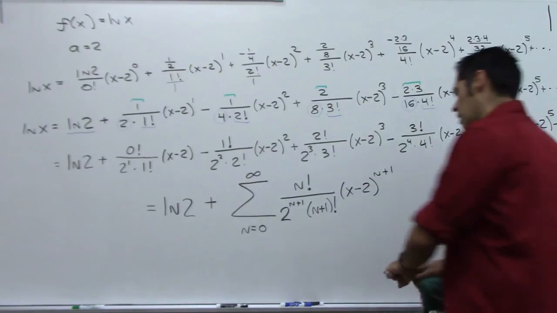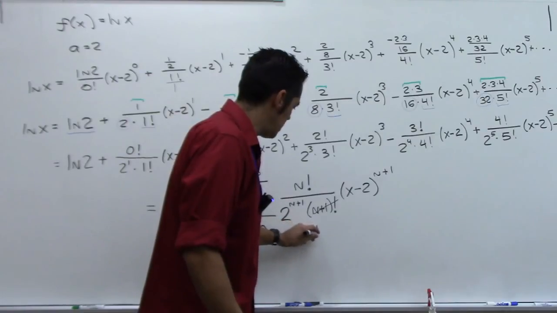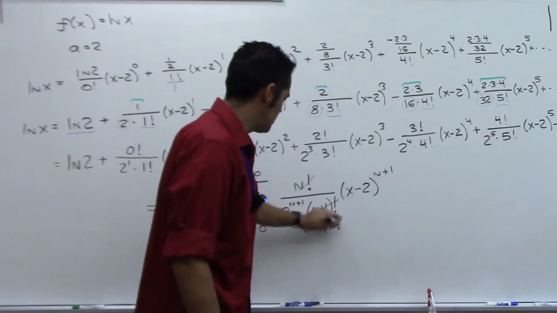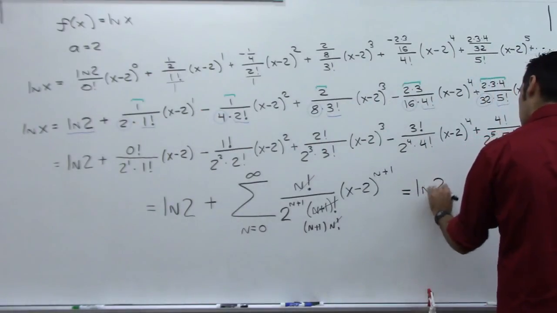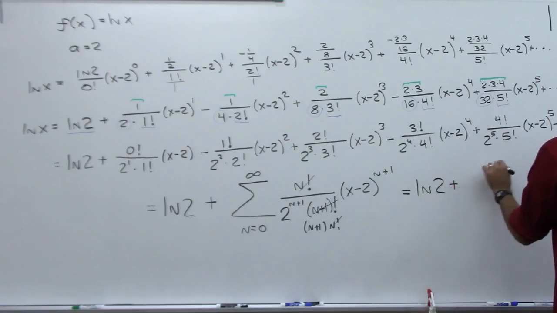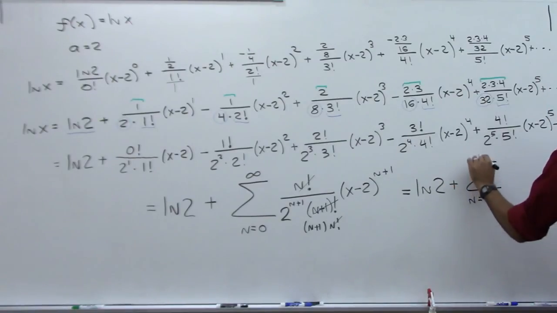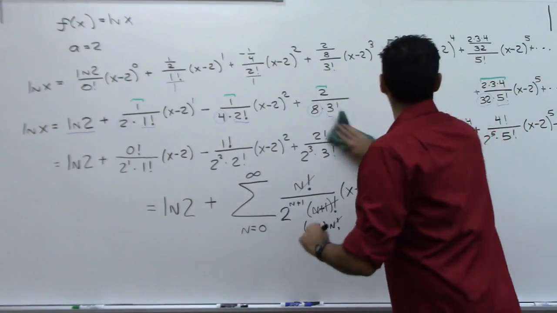But there's a little bit of cleaning up I can do. I can rewrite the n plus 1 factorial as n plus 1 times n factorial, peel off the n factorial, and cancel. So we should get natural log 2 plus the sum from n equals 0 to infinity. I'm going to run out of room, so I'll do it right here.